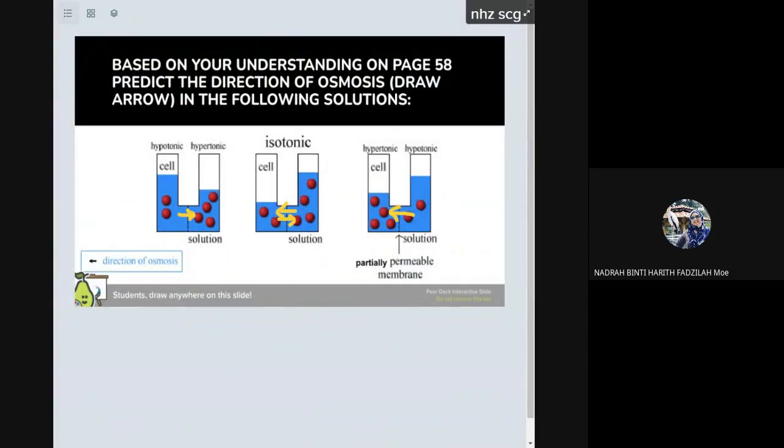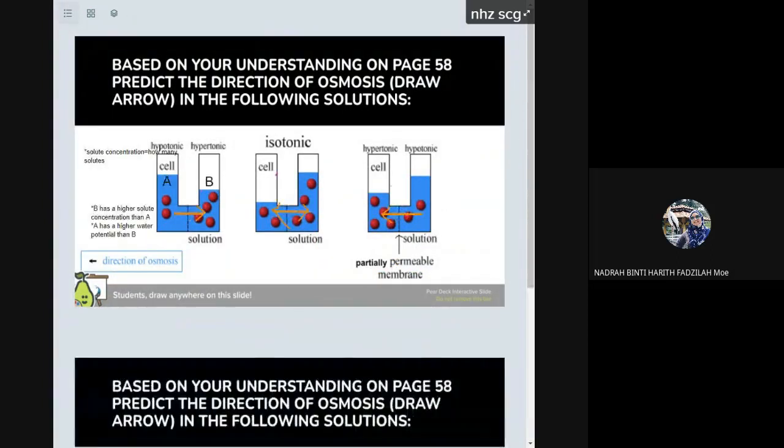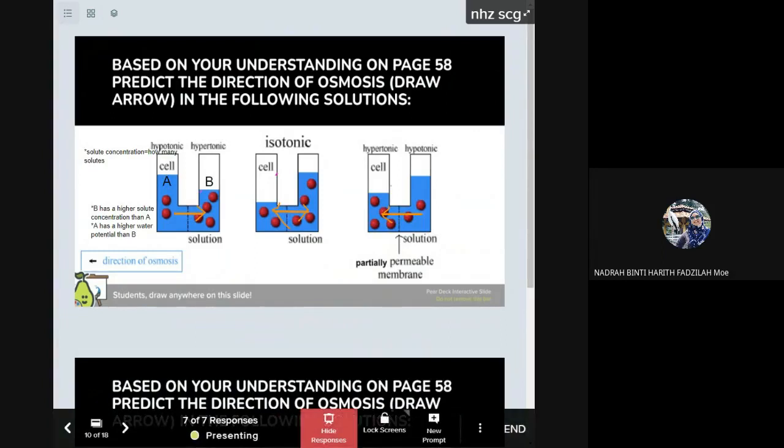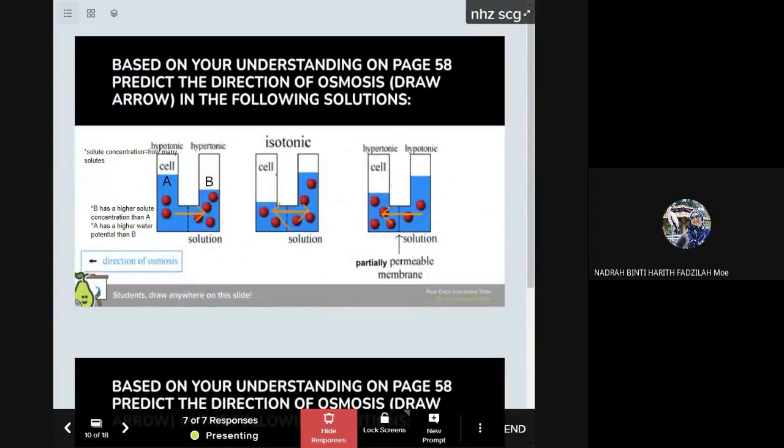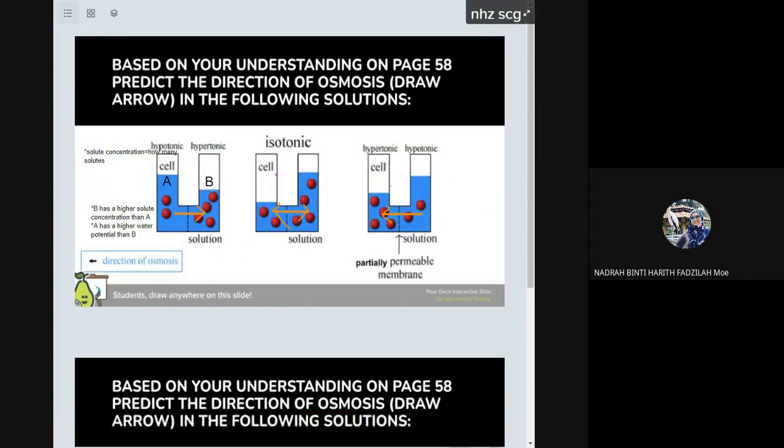Ada satu, okay. This one, okay this one tak boleh draw macam ni ya. When you draw like this, okay, sila rujuk dalam Google Meet ya. Kita tak boleh lukis arrow, satu arrow ada dua kepala macam ni. Sebab ini biasanya merujuk kepada chemical reaction. Sekarang ni yang kita bincang ialah this is a physical process.